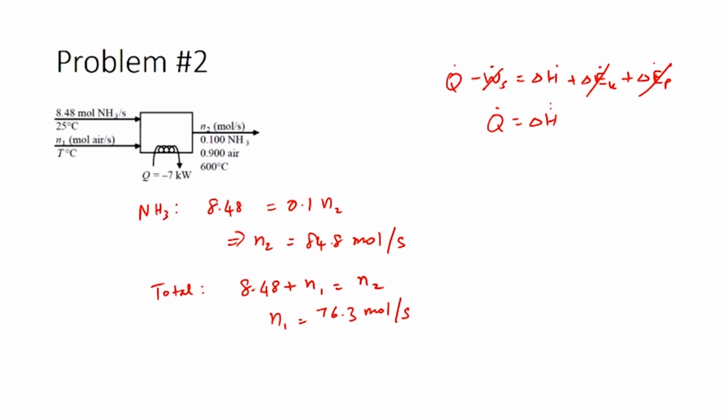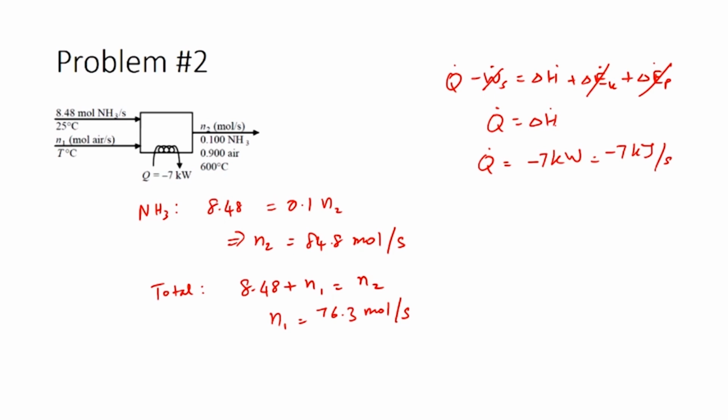However, the equation can actually be used to calculate the temperature from that. So, let us see how we would go about doing this. We already know that Q dot for the system is minus 7 kilowatts, which is minus 7 kilojoules per second. So, we need to now calculate delta H dot in terms of the temperature of air which is being fed and solve for temperature.